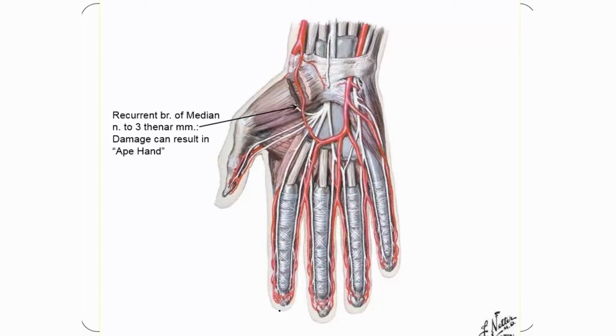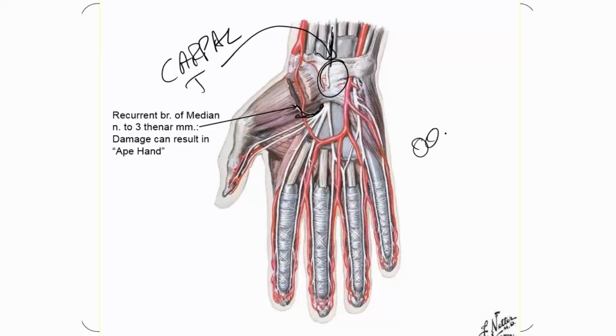We can see the recurrent branch of the median in this view. So there is that recurrent branch. Here's the median coming deep to the flexor retinaculum, going through the carpal tunnel. So down in there is the carpal tunnel.